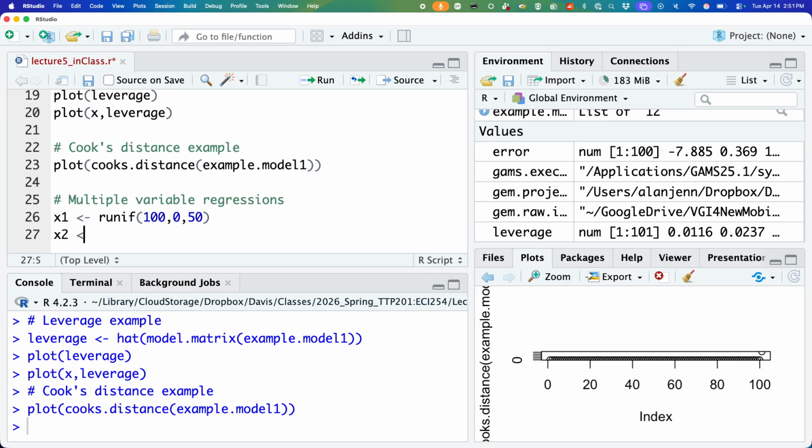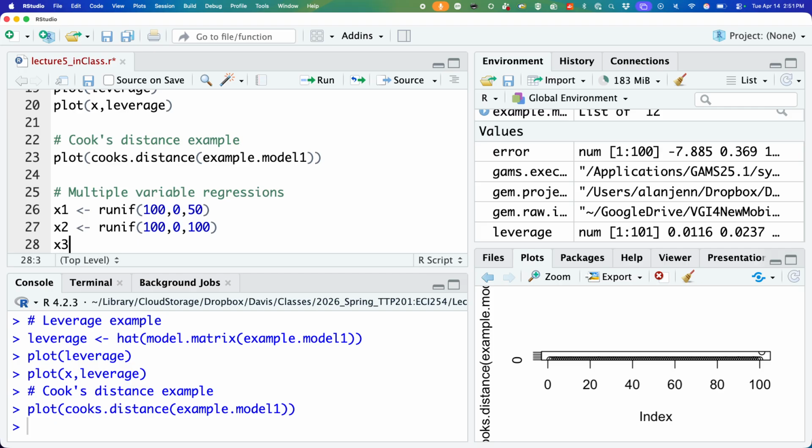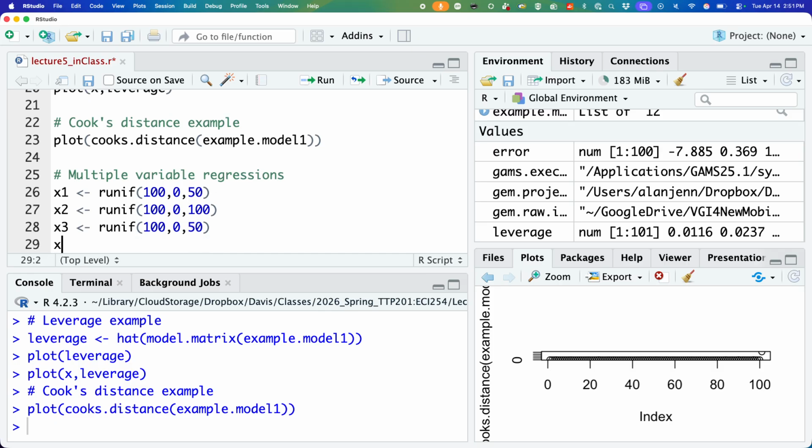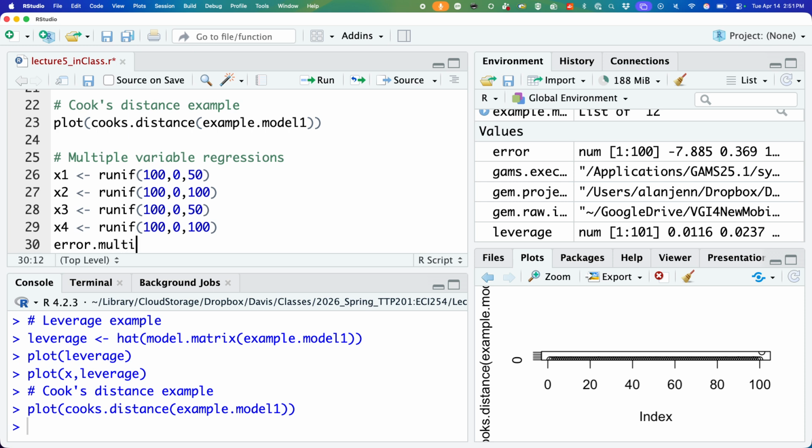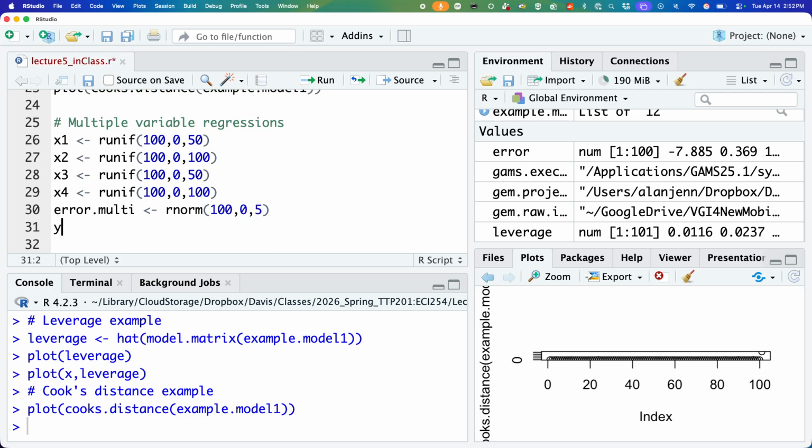We'll have x1, x2, x3, and x4. We'll have our error term, and then we'll define our y multi as 0.5 times x1 plus 2 times x2 plus our error term.